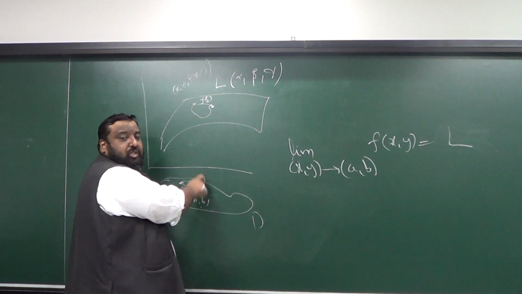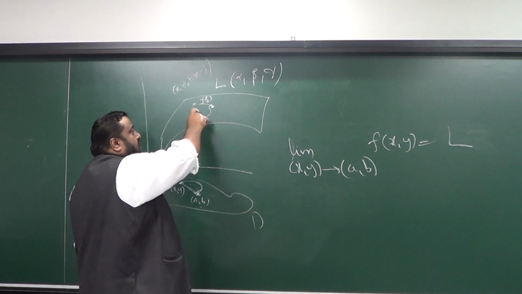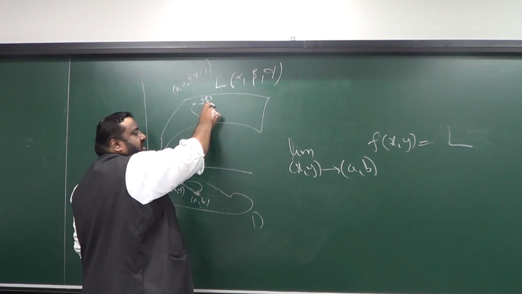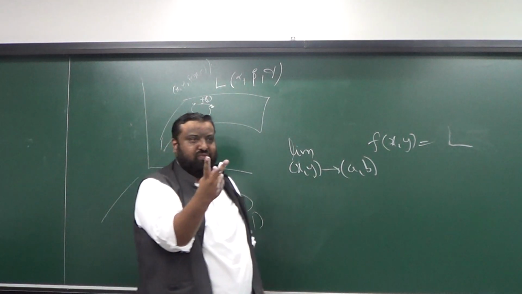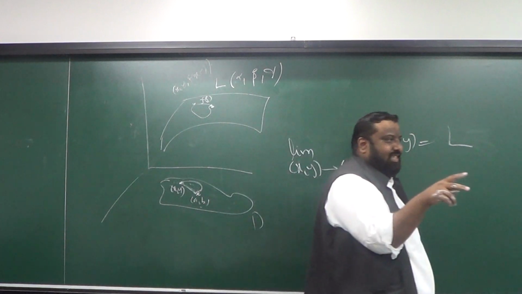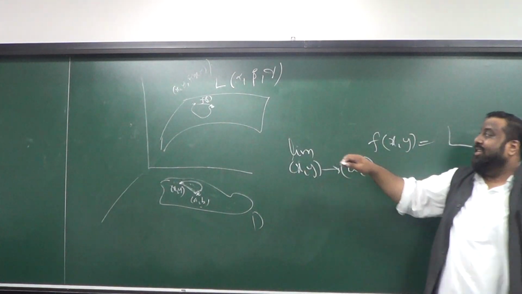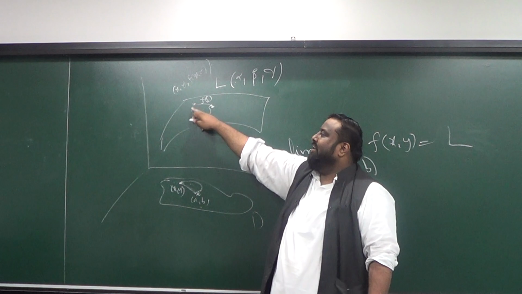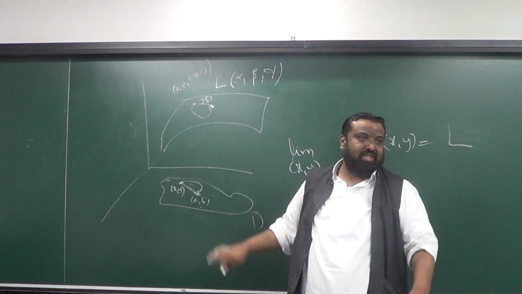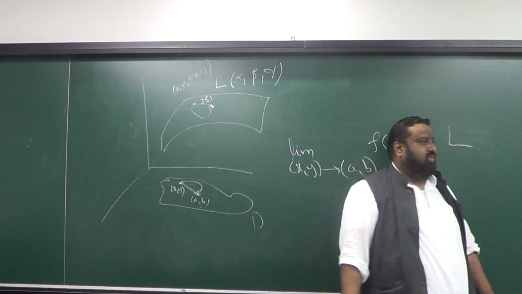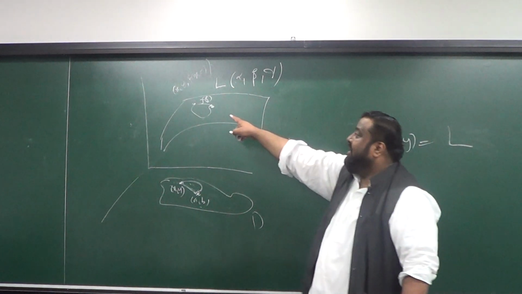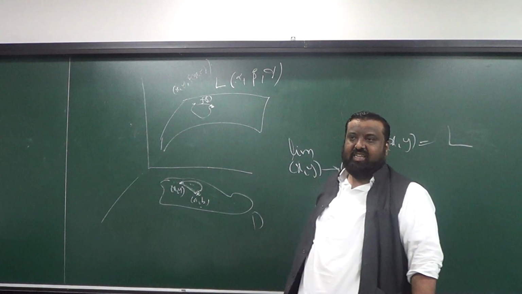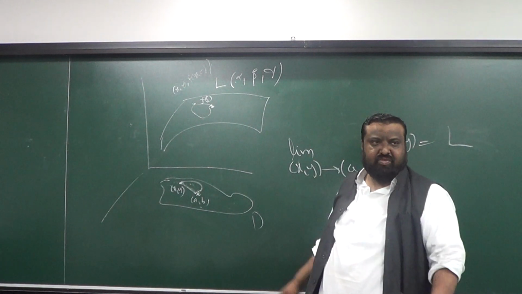So maybe the outputs of this path is this. You should always reach the same value. So if you have found two paths for which you are getting two different limiting points, you're going to say the limit doesn't exist. And when the limit does exist, no matter what path you choose, you will always hit this point.